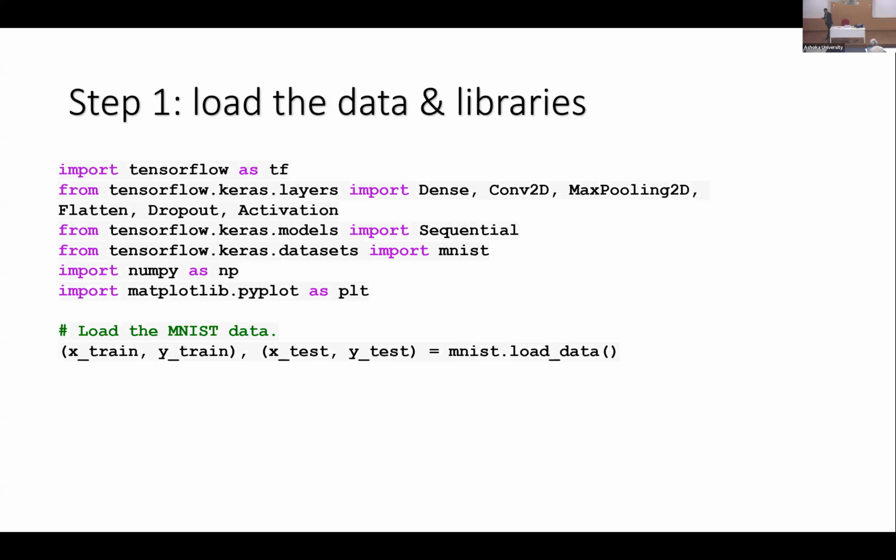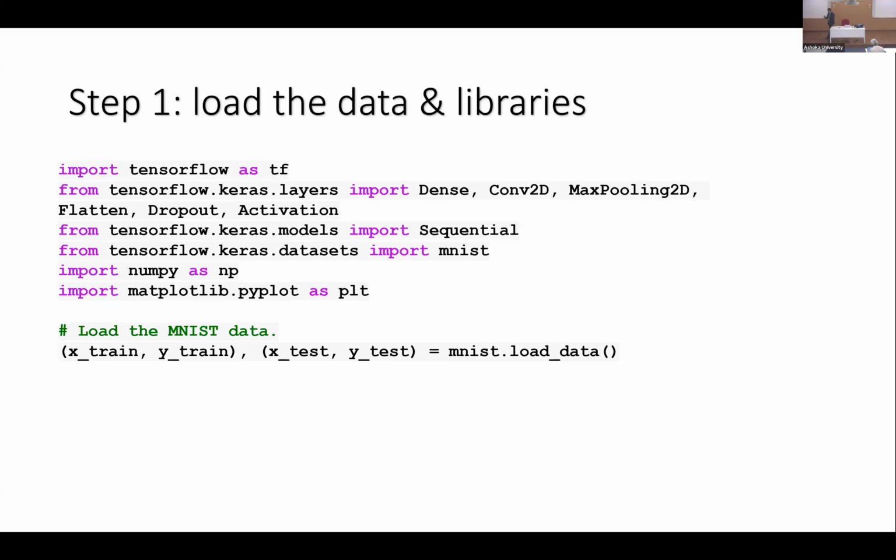So step one, if you start looking at the code that I have provided you, we are loading the libraries. We are going to use this particular thing called TensorFlow, right? And you will see this Keras a lot. It has very nice tools, pretty much everything is automated.